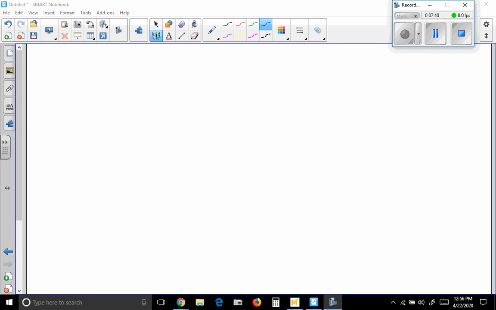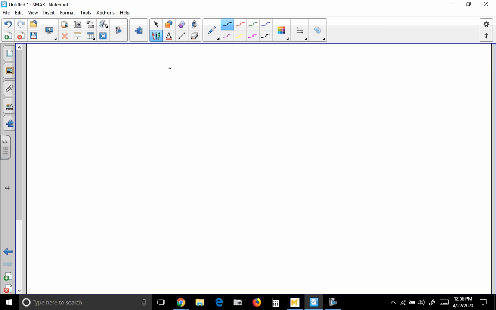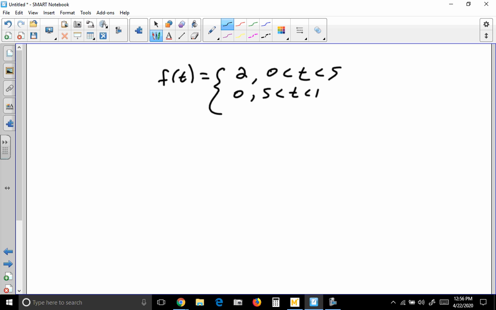Okay, so that gets us through a couple of transformations that were just standard functions, but one of the benefits of doing the Laplace transform is for piecewise functions. So let's look at this one. We have a piecewise function that's 2 from 0 to 5, so a constant, and it's 0 from 5 to 10.